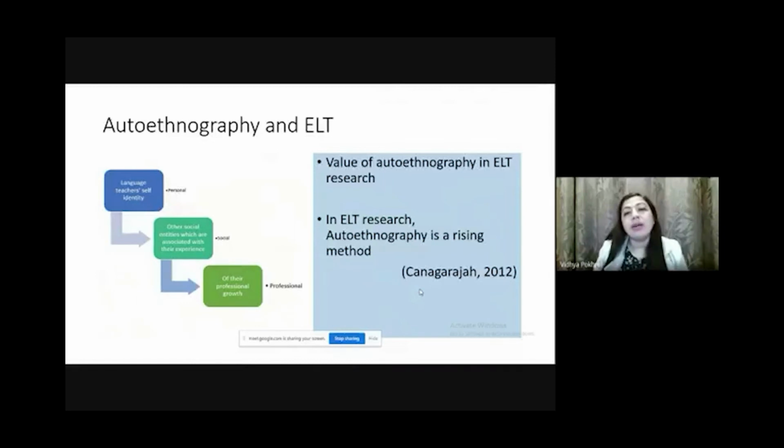It also consists of other social entities which are associated with their experiences, and also it is about their professional growth. So this is all a combination of personal, social, and professional behavior. These two things, autoethnography and ELT, are closely related, because personal, social, and professional experiences can be brought into an autoethnographic study.